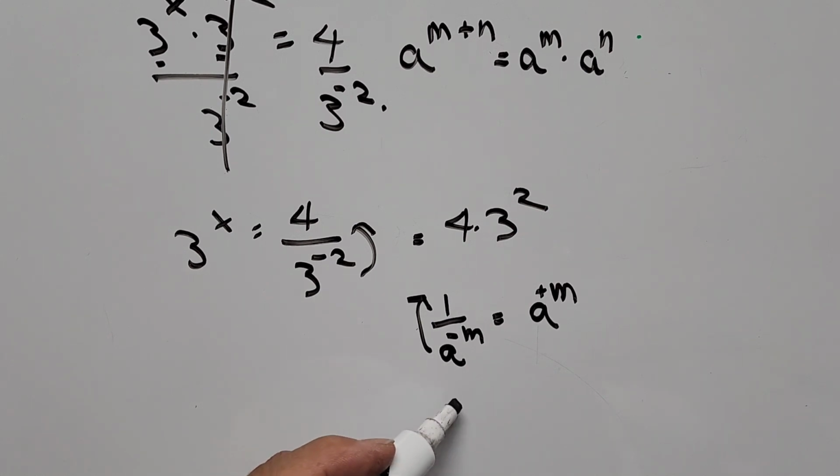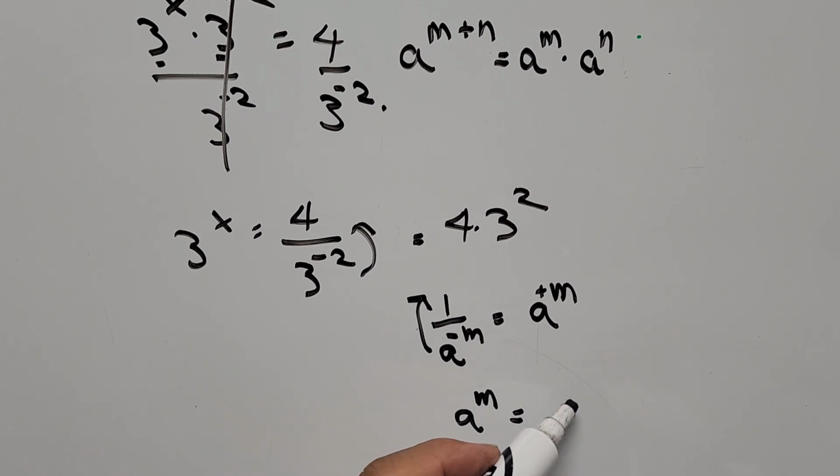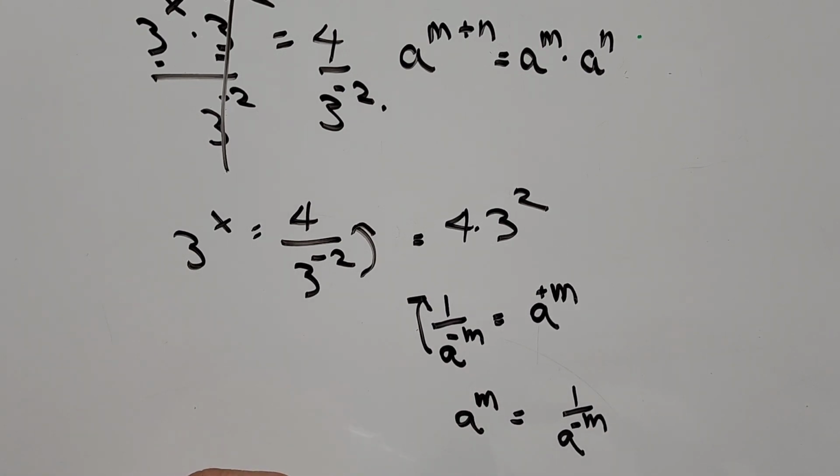Likewise, if the numerator is a to the power of positive m and you put that in the denominator, we have 1 over a to the power of negative m. It's the same principle.